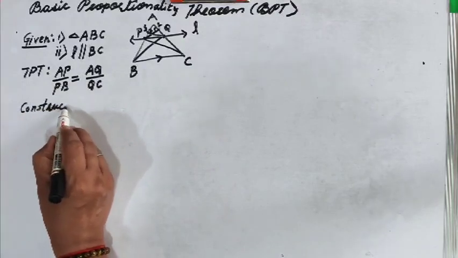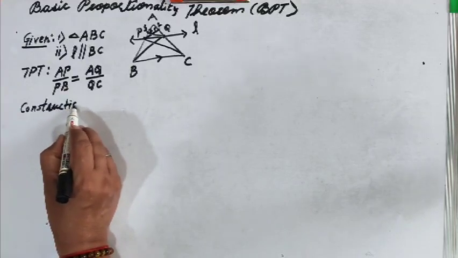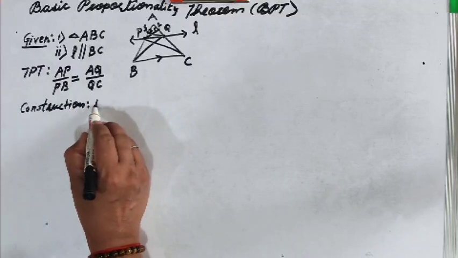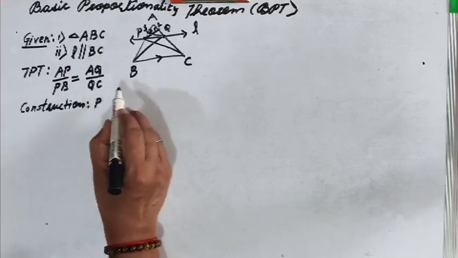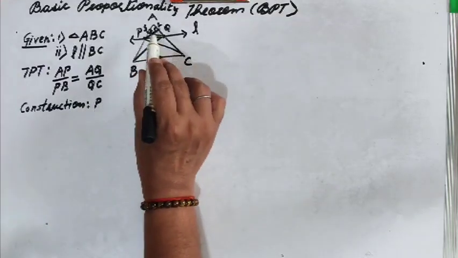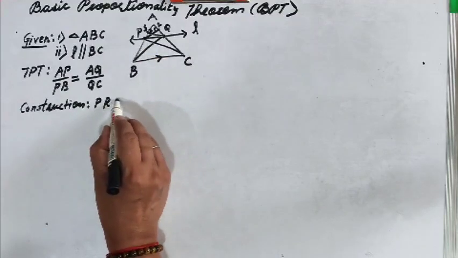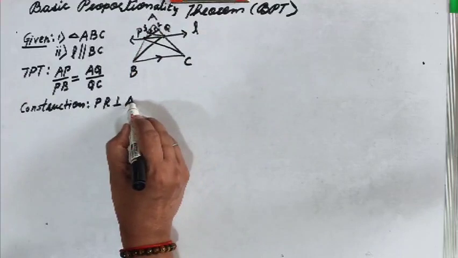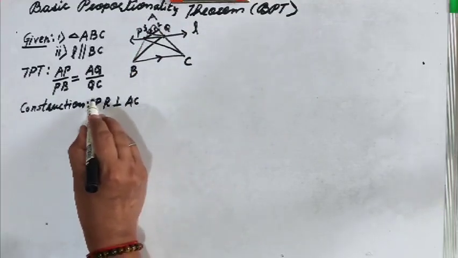You need to write that PR is perpendicular to line segment AC. This is one construction.